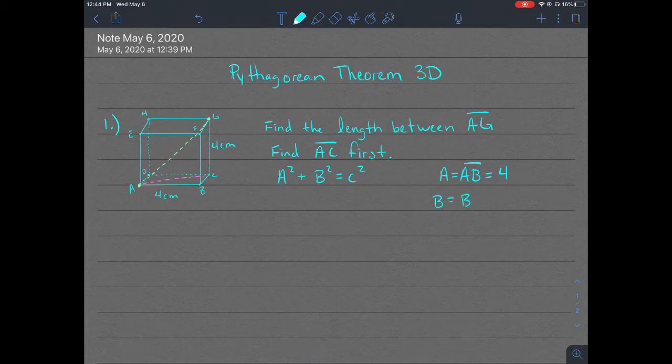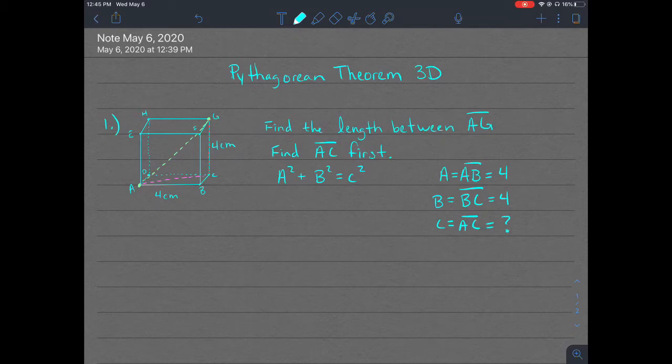Well, B is the distance between B and C. So the dot B to the dot C is also 4 centimeters. Because remember, this is a cube, so all side lengths, no matter where they're at, are 4 centimeters. Now we do not know what C is, and we're going to call C the pink length, which is A to C. We do not know what that is, and that's what we need to figure out. That's the first step.